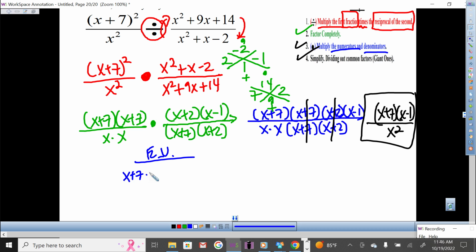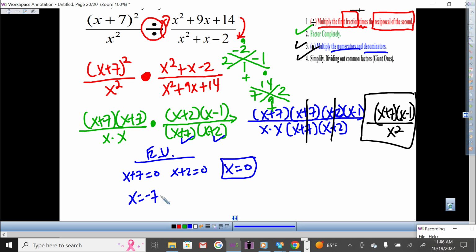X plus 7 equals 0, so she got this one. X plus 2 equals 0, which is that one. X equals 0, yes. And we don't repeat it because it's the same thing. So this one is x not equal to negative 7, and this is x not equal to negative 2.